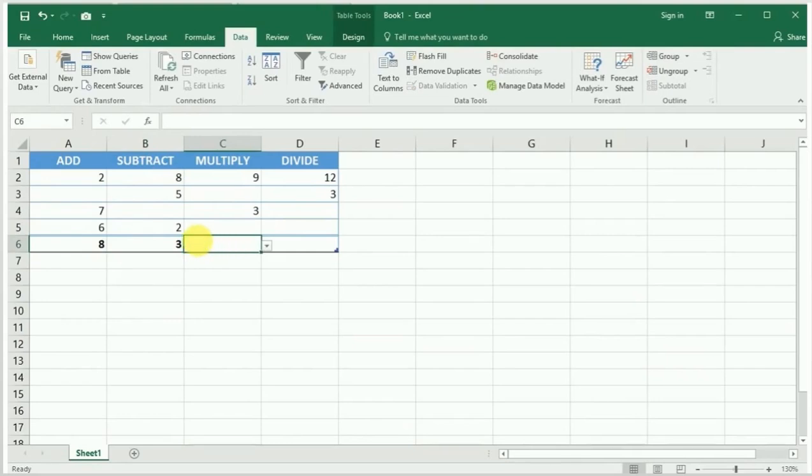Press the equal sign, click a cell, then the asterisk, then another cell, then press enter. To divide, use the forward slash. Click a cell, press the forward slash, another cell, and then press enter.